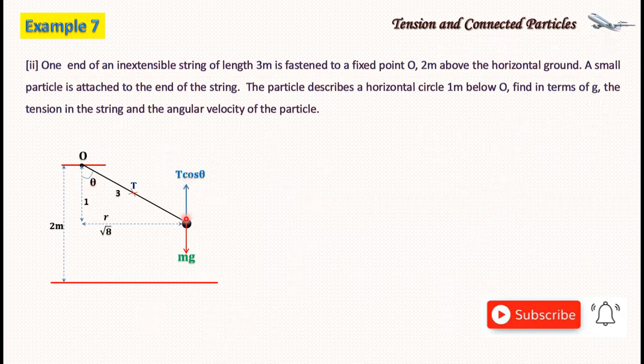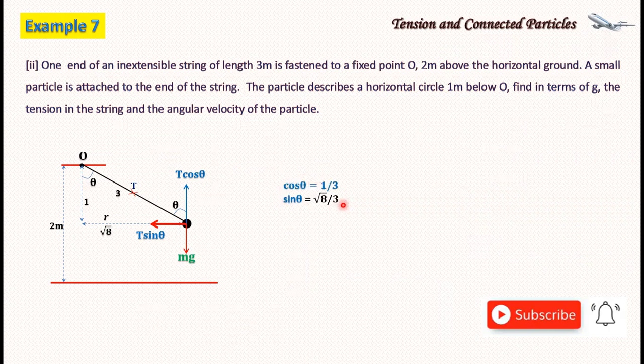Resolving the tension, T cos theta, because if this angle is theta here, then at this point the angle is also theta. So T cos theta should be equal to mg. Resolving the horizontal components, we have T sin theta, which should be equal to the centripetal force acting towards the center of this circle.